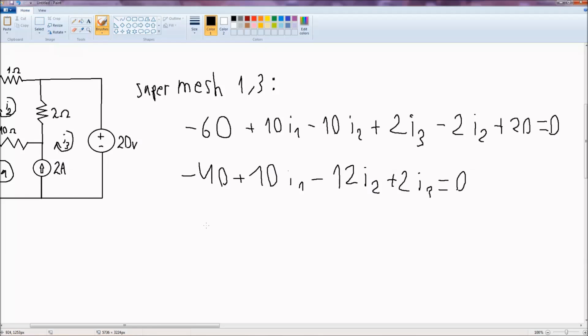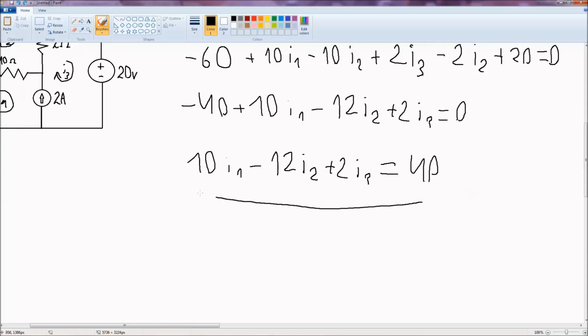We have then, let me copy paste. We have this is equal to 40 if we add 40 to both sides, and we can now divide both sides by 2.